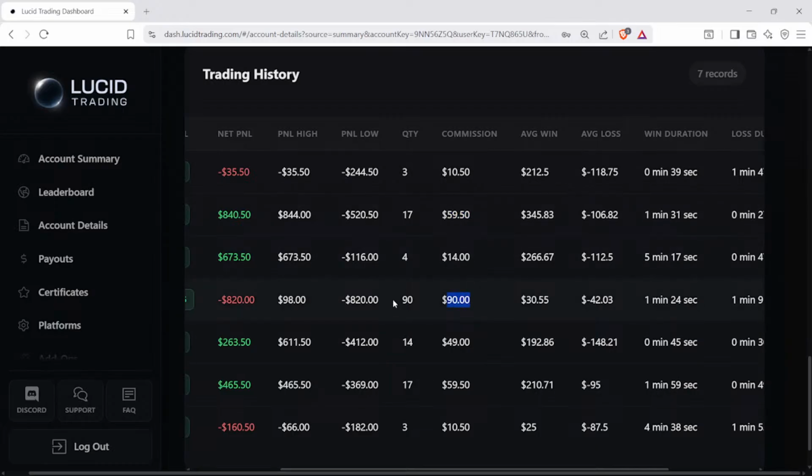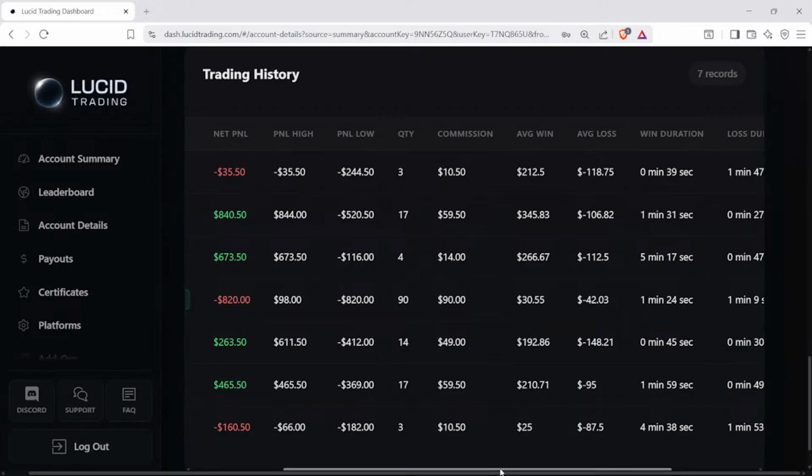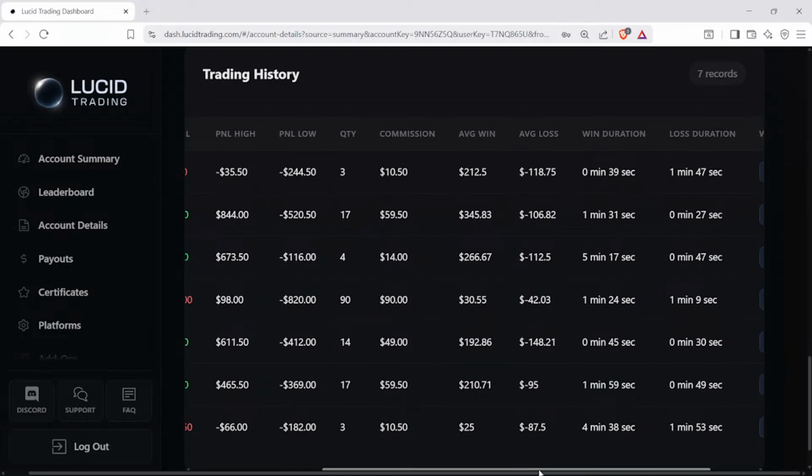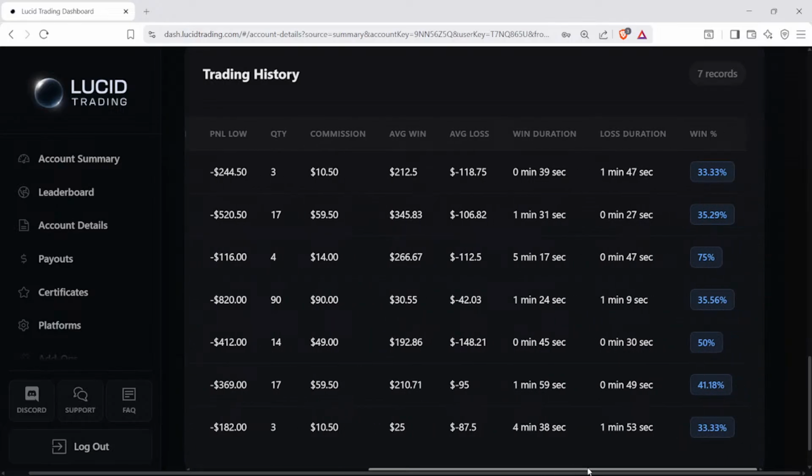So just be aware that micros is more than almost double, because that's almost 18 contracts. So you're paying almost double the price for micros, seems like right in that range. Average win, average loss. So my average win is higher than my average loss, except for the micros.